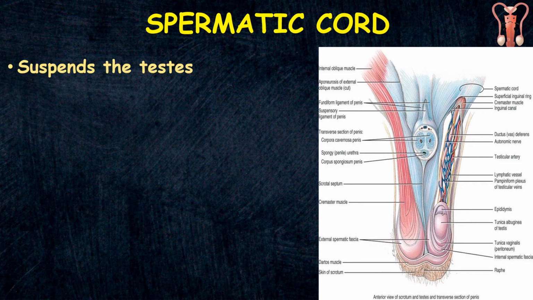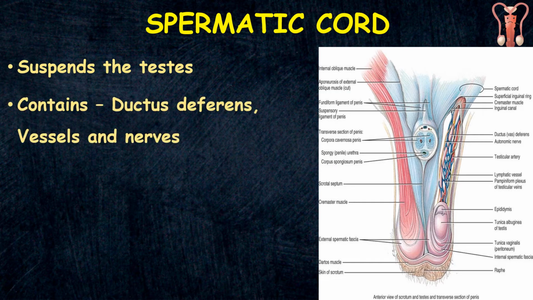Spermatic cord. It suspends the testes in the scrotum and contains the structures that pass through the inguinal canal, which go into the testes and come out of it.